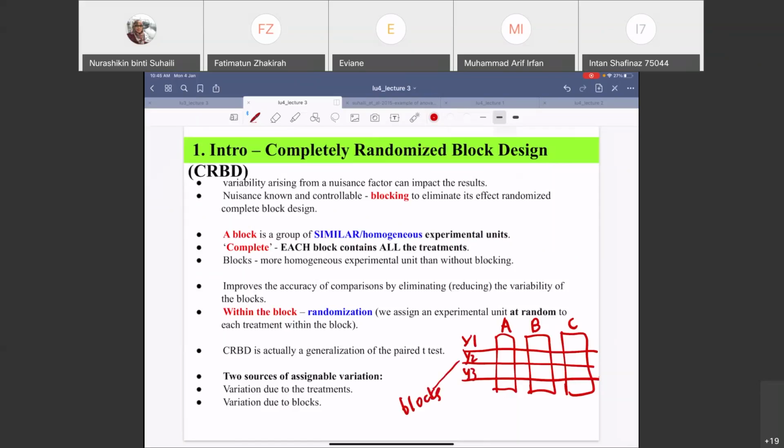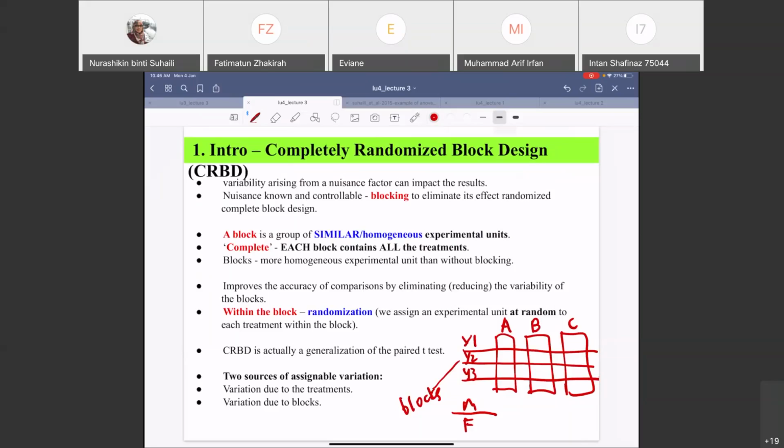The blocks are similar homogeneous experimental units. You can see that the blocks have levels as well. If you put year 1, year 2, year 3, or let's say male or female, so there are 2. So you can actually create levels within the blocks.